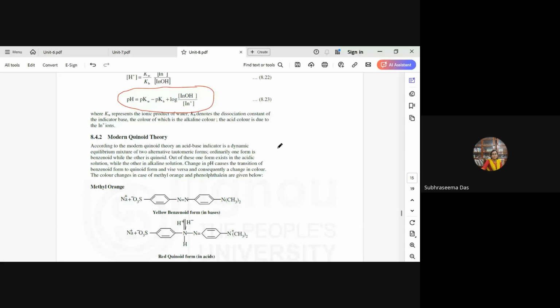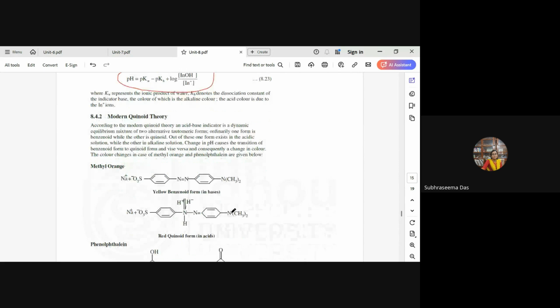The color changes in the case of methyl orange and phenolphthalein, which are due to the benzoid and quinoid theory, are given below. For methyl orange, this is the structure of the yellow benzoid form in bases, but this is the structure of the red quinoid form in acid.